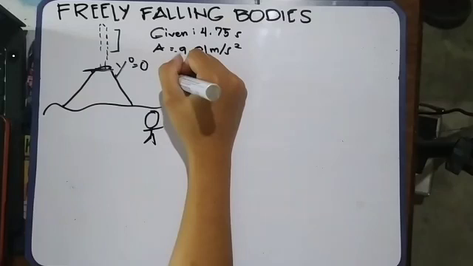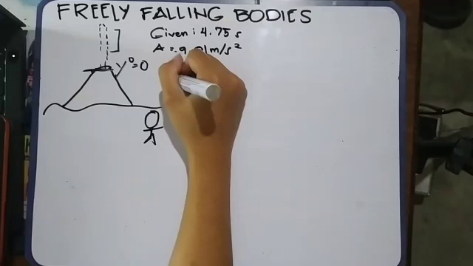So, since na-simplify na natin yung pinaka-formula natin, substitute na lang natin yung mga given para makuha natin yung initial speed. So, v sub o is equals to negative 1/2 times yung gravity natin, which is negative 9.81 meters per second squared, times yung time natin, which is 4.75 seconds. So, para makuha is, i-compute na lang natin sila.